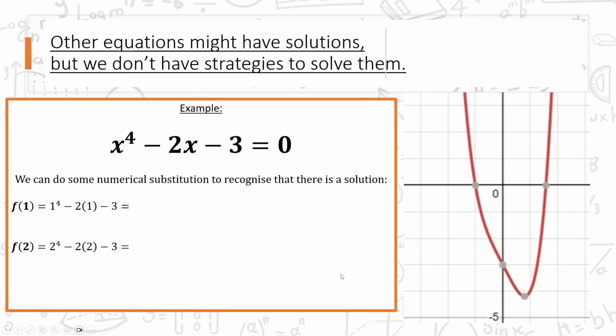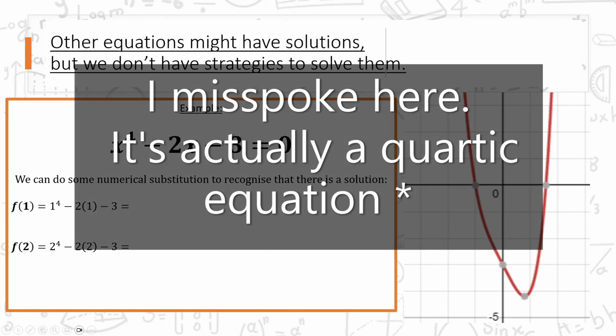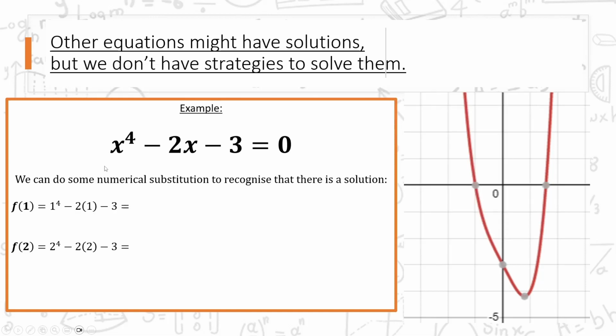Now, there are other equations that we haven't quite dealt with yet. For example, this is a cubic equation that doesn't quite factorize. And we can use a numerical substitution to spot that there is a solution. So if I do some minor calculations, if I was to sub 1 into this equation, I would get minus 4.